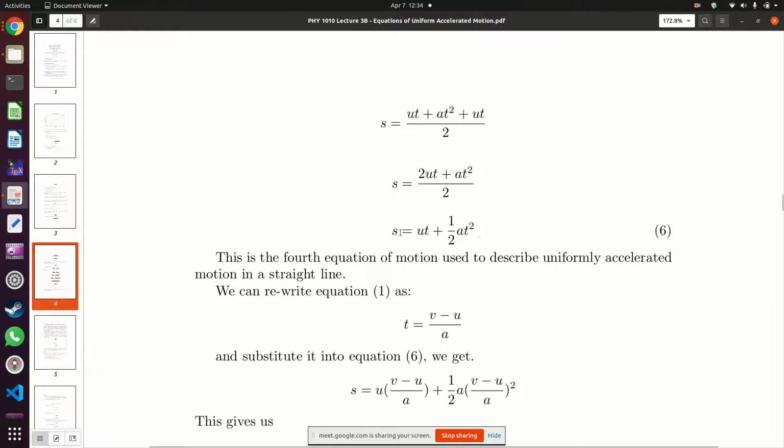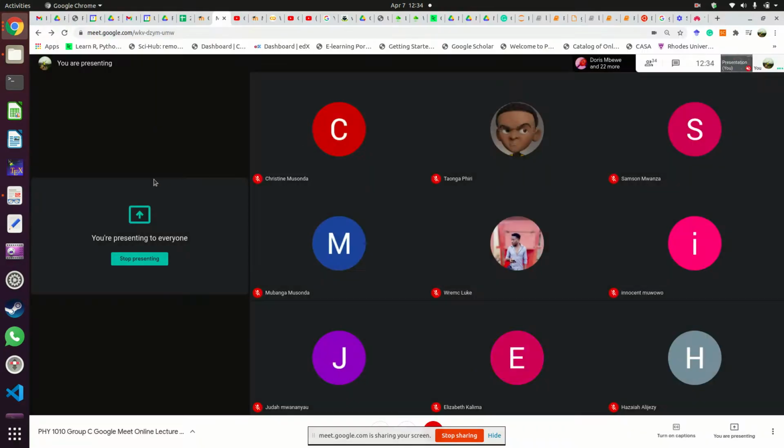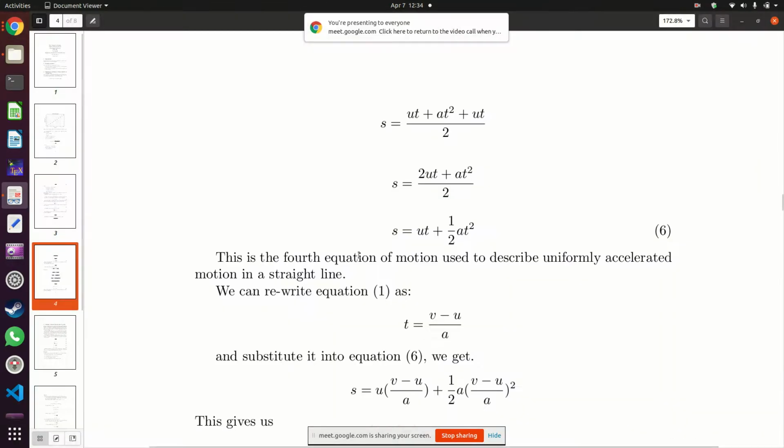This one allows us to predict what the displacement is, or the distance is, when we know what the initial velocity is. Then we multiply the initial velocity by the time, plus half at squared.